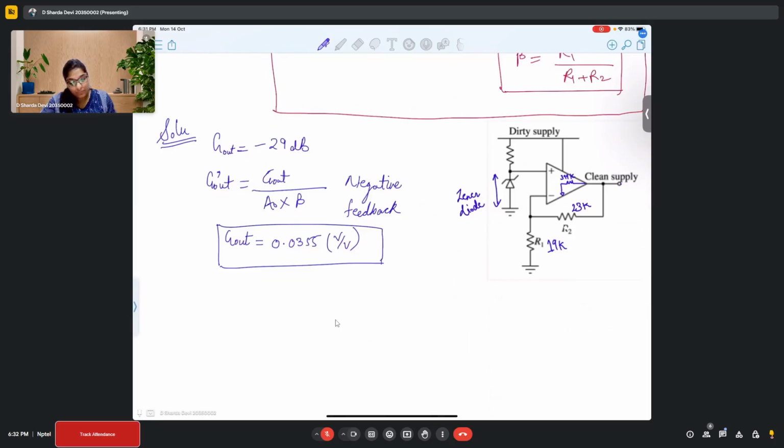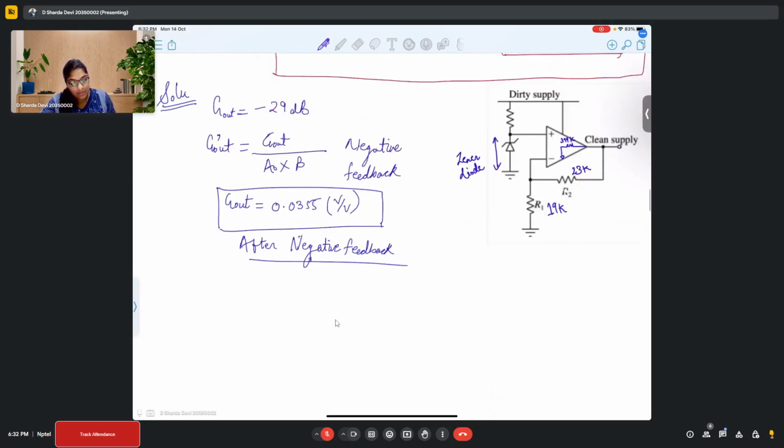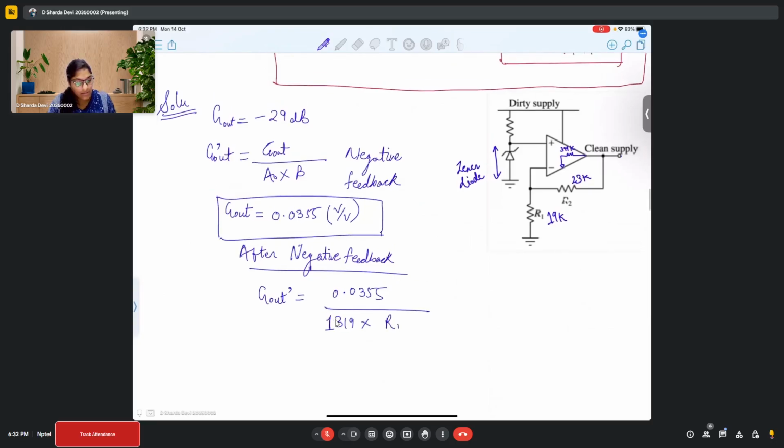Now after negative feedback, the gain G R dash should become 0.0355 by 1319 into R1 upon R1 plus R2.